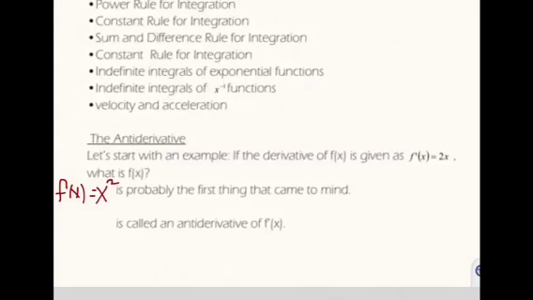That's probably what came to mind. And that's true. So f of x, the original function, can be called an antiderivative of f prime of x. So this one has the apostrophe because it's the derivative, and this is the original function. So the original function can be thought of as the antiderivative of the derivative.